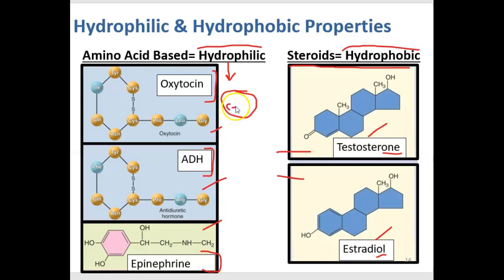They are going to have to bind to a receptor that's on the surface of the cell. But a hydrophobic hormone is going to be able to get directly into the cell because it'll squeeze through the phospholipid membrane, and the receptor will be on the inside. We'll talk about that again in a bit.